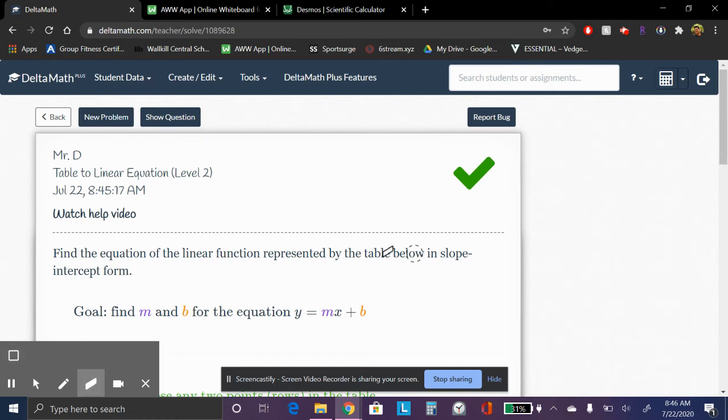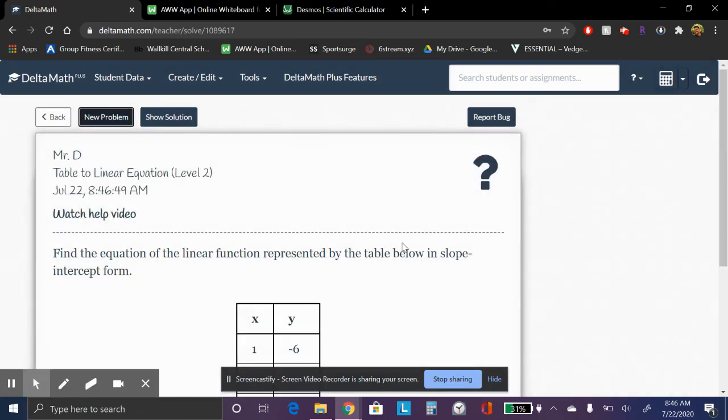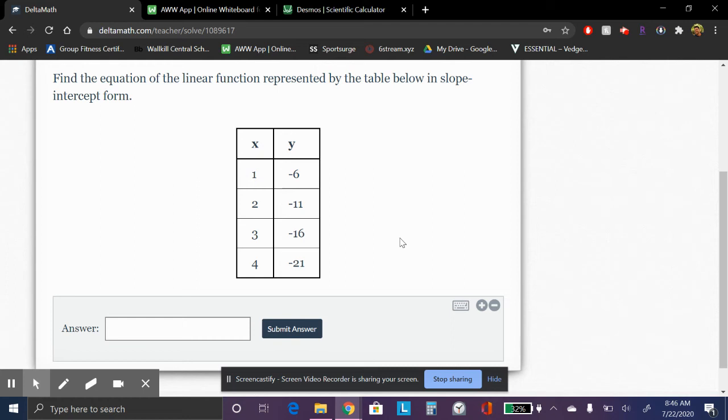Okay, let's look at one more. Oh, yeah. We got to get more with negatives here. -6 to -11. Now, listen, if you don't know the trend, here's what you can do.